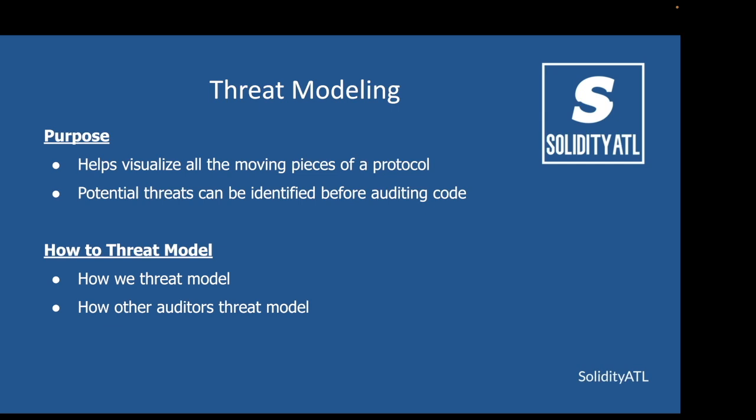So when you're creating a threat model, what you're trying to do is understand what functions can be called by anybody, what functions are gated behind specific roles, and what trust assumptions are you having with those trusted parties. For example, is it possible for the admin of a particular smart contract to drain all the user funds inside of that contract? Those are the type of things that you're trying to look for in a threat model.